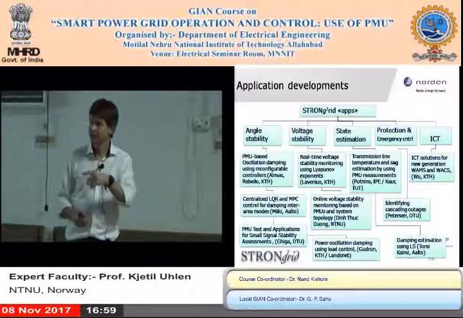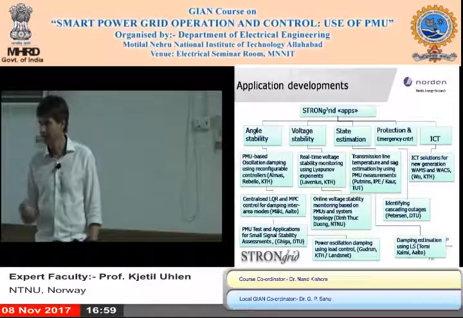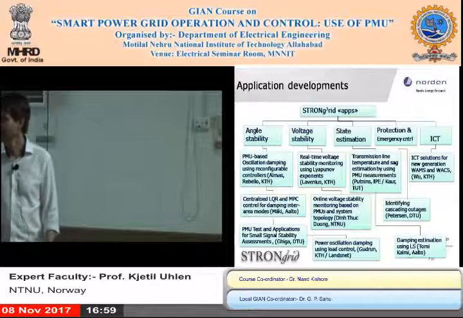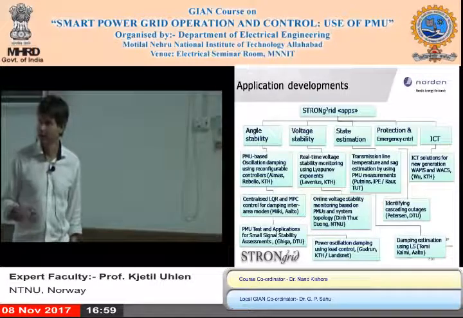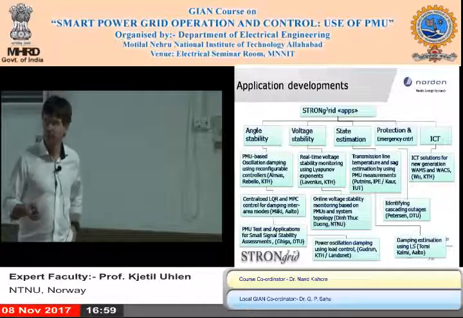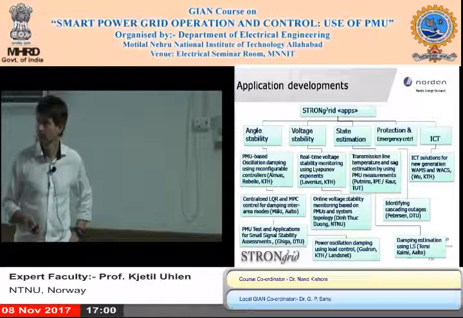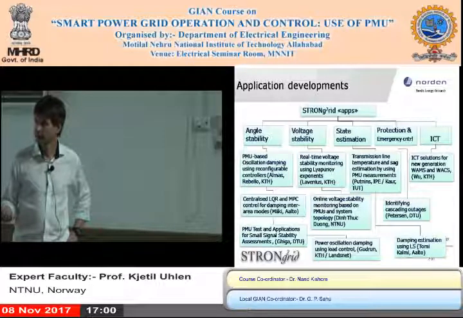You could say that these applications that were developed are at various readiness levels, but many of them are at the level where they can be implemented as, or are implemented as, prototypes. So that is some of the applications that I want to talk about then tomorrow.